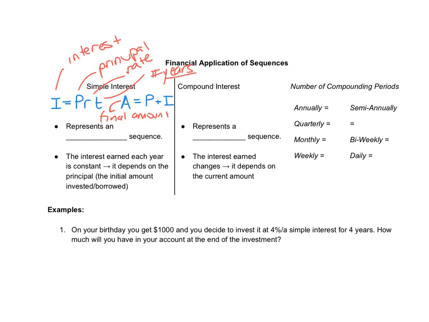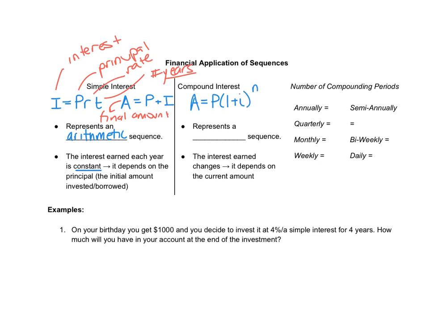So, like I said, a simple interest scenario represents an arithmetic sequence because it is linear. And the interest earned is constant because it always depends on that initial amount, regardless of the fact that the amount might increase over time. Then for compound interest, we only have one little formula here where we have our principal and then 1 plus I to the power of n.